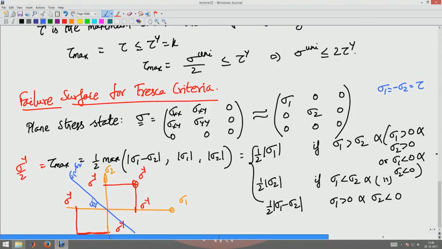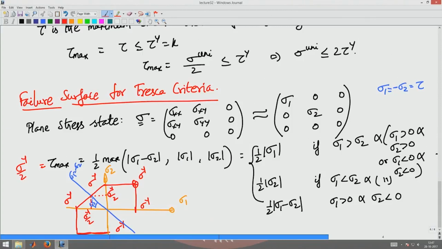In that line you know that the maximum stress that it can reach is sigma y by 2, and this is sigma y by 2 and this is sigma y by 2.